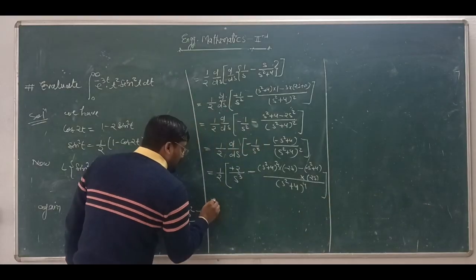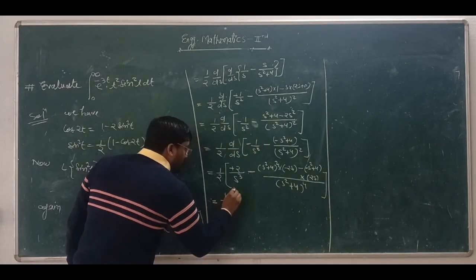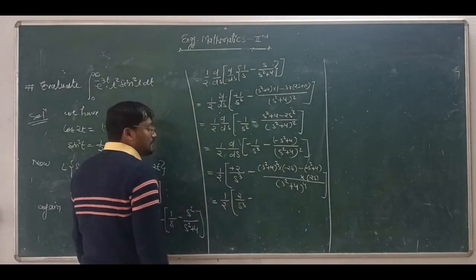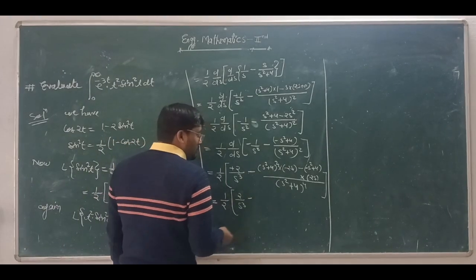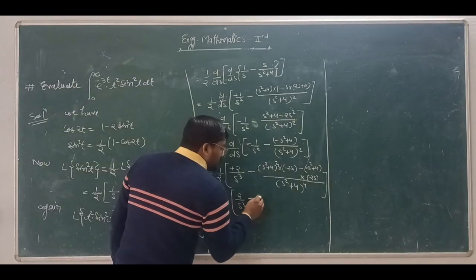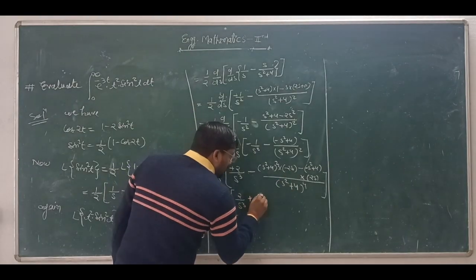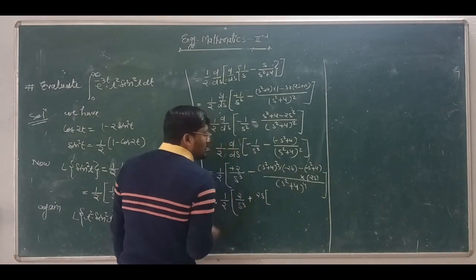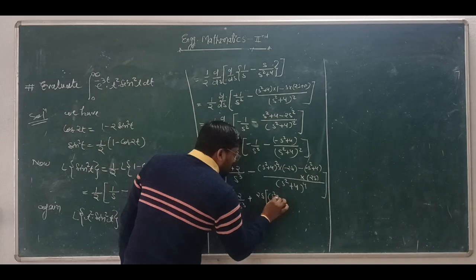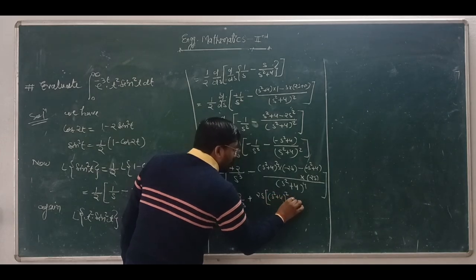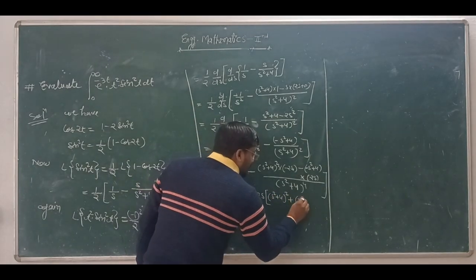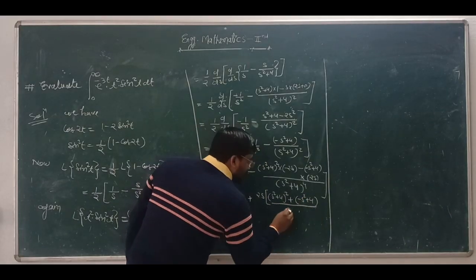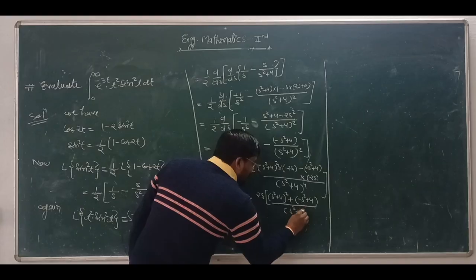Now you solve this: 1 by 2 of 2 upon s cube, plus 2s is common. The remaining is (s square plus 4) to the power 2 plus, minus (4 minus s square) times 4, total upon (s square plus 4) to the power 2.